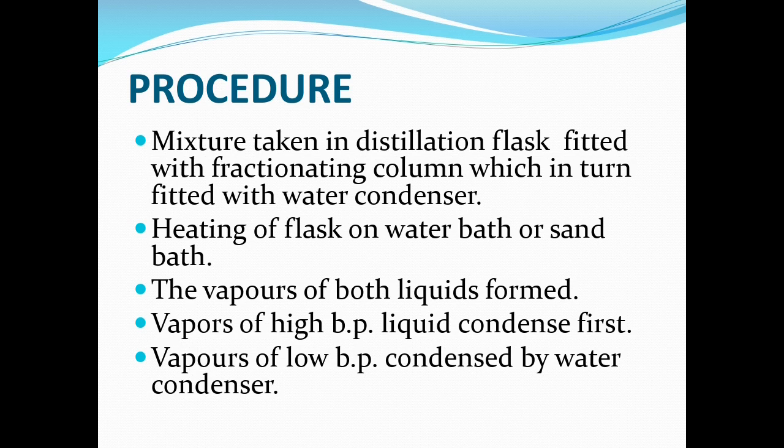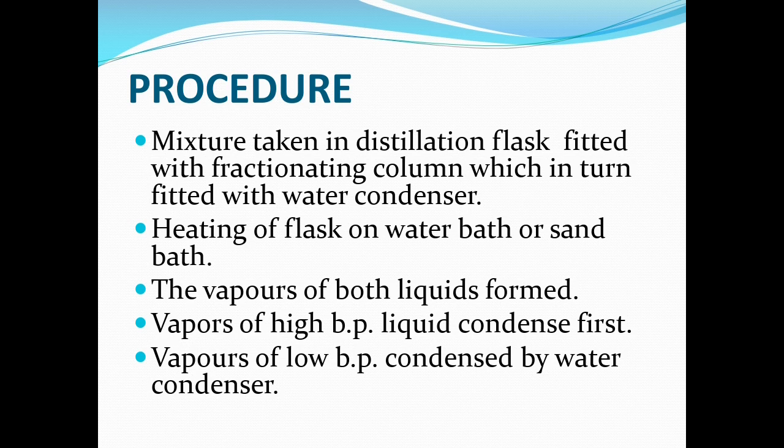After that, vapors of both liquids will be formed. Vapors of the high boiling point liquid condense first. Condense means they will lose their energy and come back into the fractionating flask, the flask in which we initially take both components.